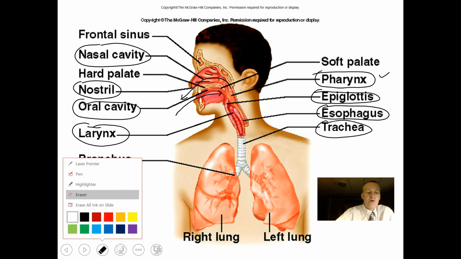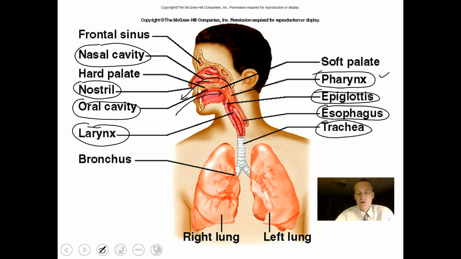So that's a problem area. We do choke oftentimes on steak or something we don't chew correctly. So that area right there is kind of a weakened area in my opinion, because you have air and food moving by the same area. So it can be a problem.